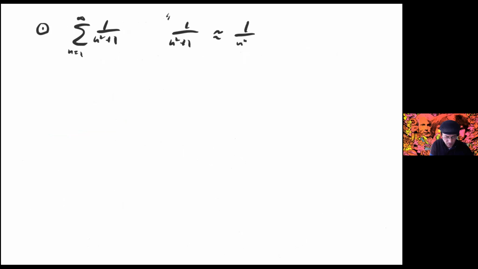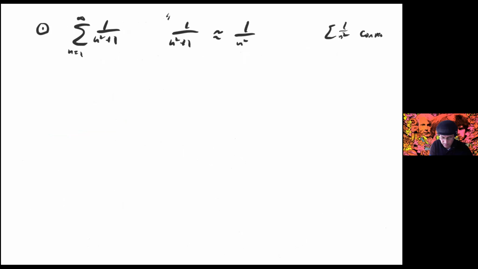Okay, so here's an illustration. Let's consider, first of all, the sum of 1 over n squared plus 1, n goes from 1 to infinity. Now, we're staring at it, and 1 over n squared plus 1 behaves like 1 over n squared. And the series 1 over n squared converges.